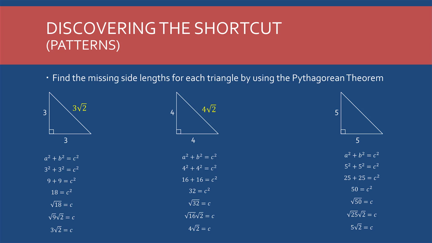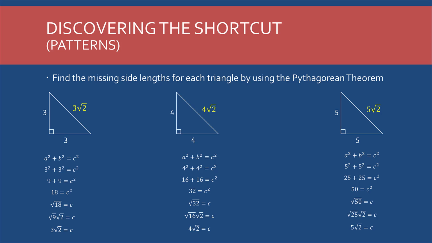So the side lengths on this triangle were 4, 4, 4 square root 2. And then my third example on the right, that triangle had side lengths of 5 for those legs that are congruent, and a hypotenuse of 5 square root 2, making the three side lengths on this triangle 5, 5, 5 square root 2. Are you starting to pick up on a pattern here?